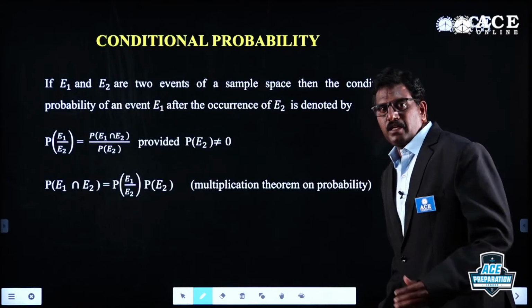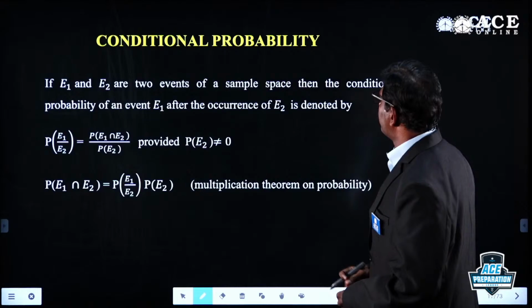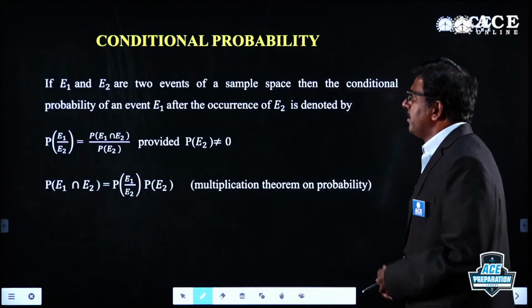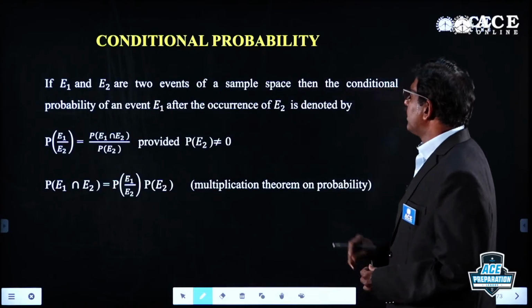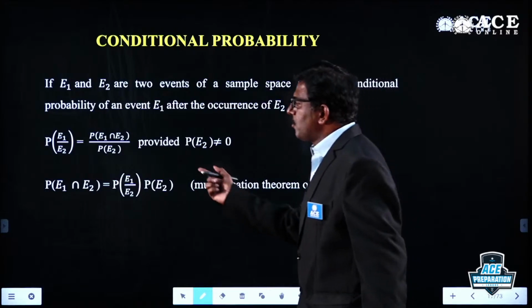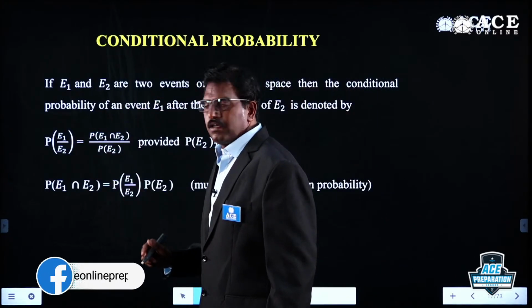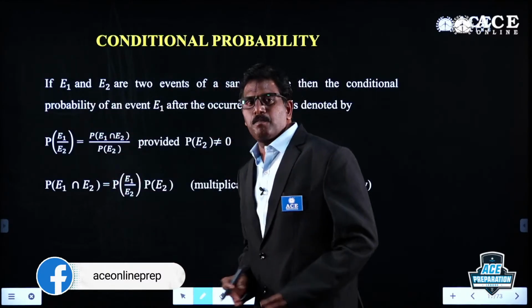Now coming to the conditional probability. If E1 and E2 are two events of a sample space, then the conditional probability of an event E1 after the occurrence of E2 means suppose one event already occurred, and based on that we are finding the probability of E1.